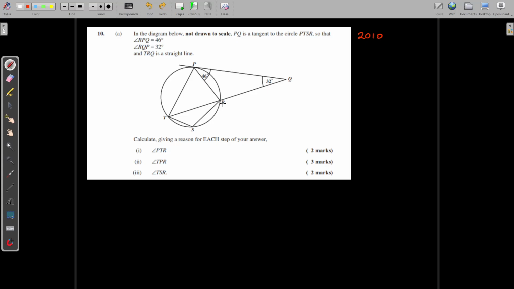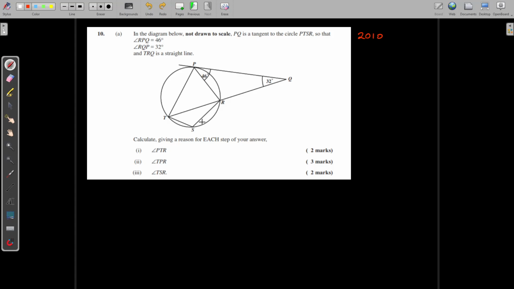Angle RQP is 32 degrees. And TRQ is a straight line. Calculate, giving a reason for each step. For each step they want a reason.